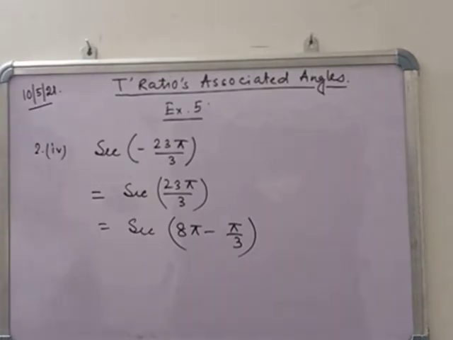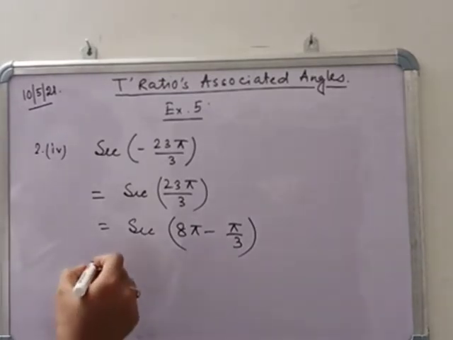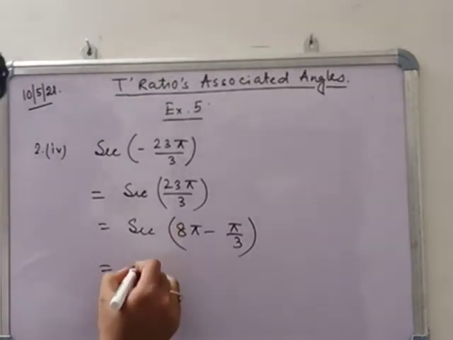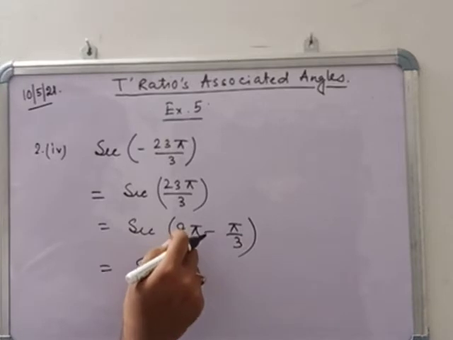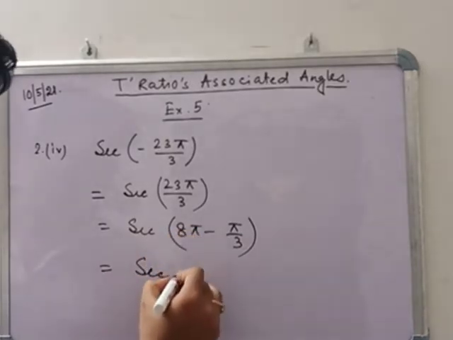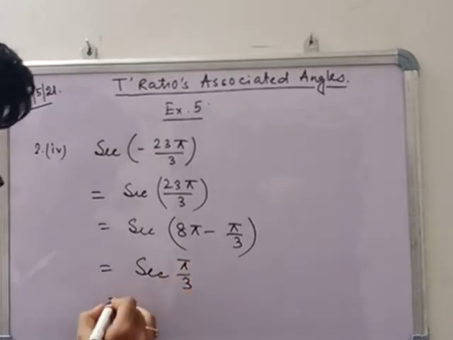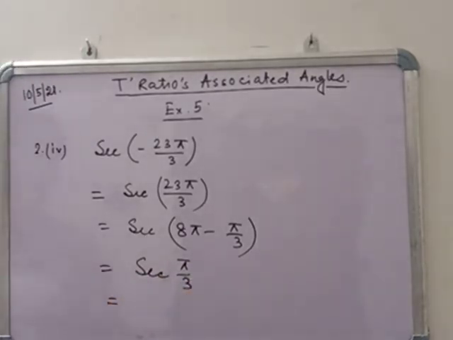This is an even multiple, so sec of pi by 3. The value of sec of pi by 3 is 2. So 2 is the answer.